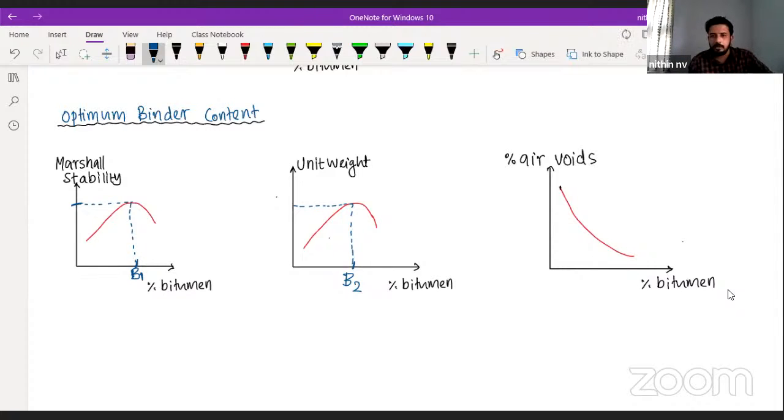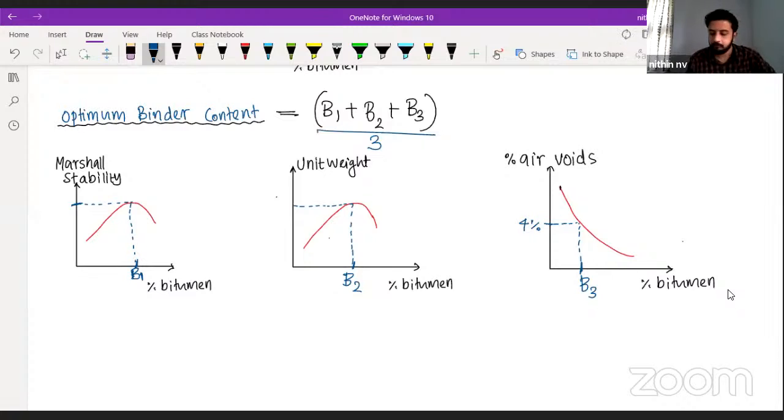Now what we will do, in this percentage air voids graph, we will take the value 4%. Corresponding to 4%, what is this value? I put it as B3. We have a concept called optimum binder content. What is this optimum binder content? We got one B1 here, a B2 here, and a B3 here. What we will do is take the average of those 3 values: B1 plus B2 plus B3 by 3.